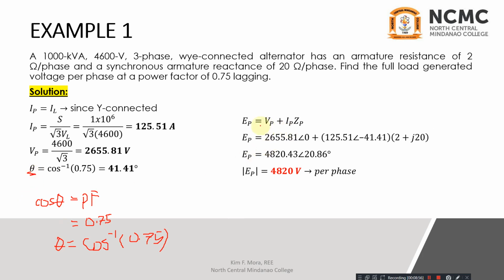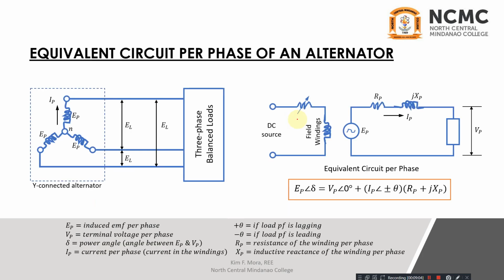So again, we have the formula EP is equal to VP plus IP times ZP. This RP plus jXP is actually equal to ZP, or the impedance.